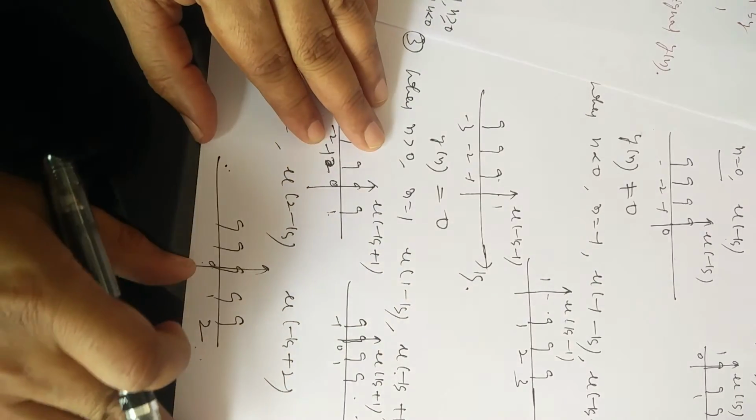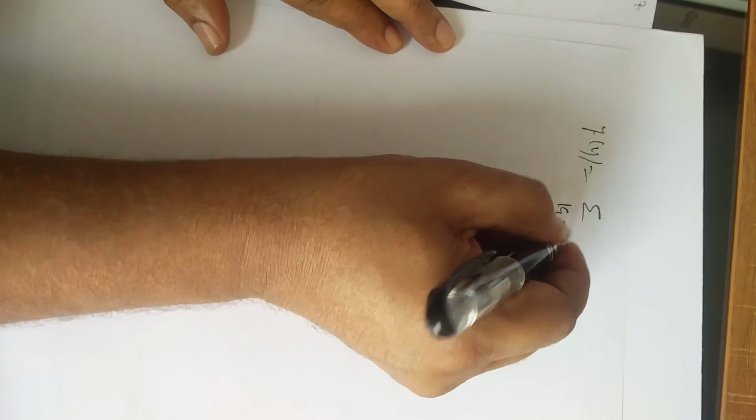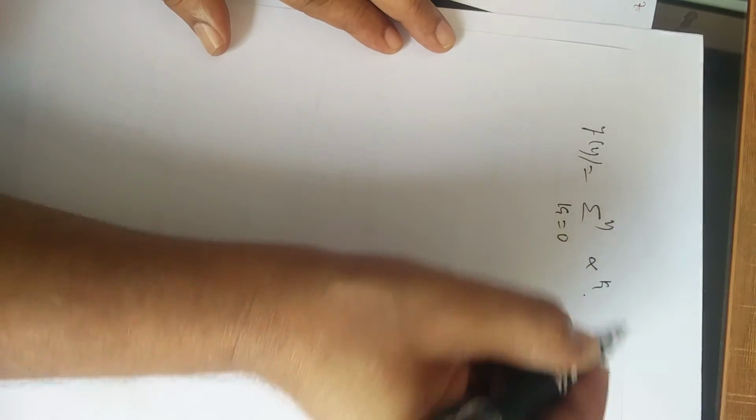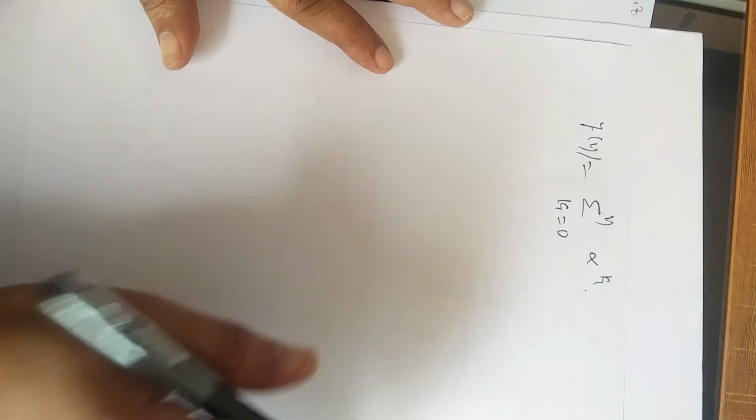That means finally I can write that y of n is equal to summation of k from 0 to n alpha to the power of k. The u of k value is 1 and the u of n minus k value is also 1.